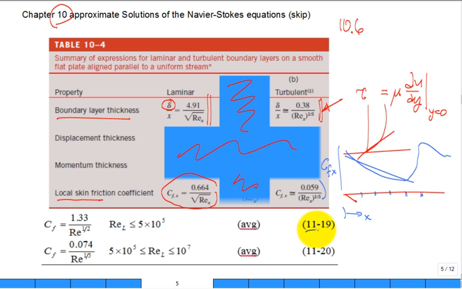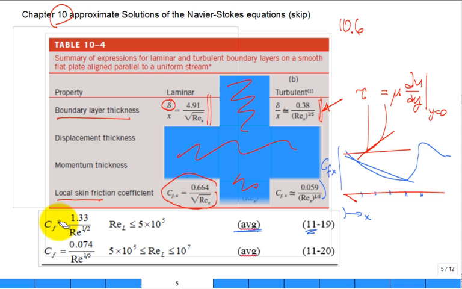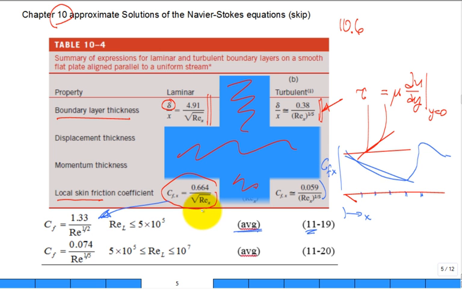Now, in chapter 11, for external flow, they revisit it and they give the average friction coefficient. All you did was integrate the local from 0 to L, or 0 to x, and divide by that distance. And you'll see the parallel between the two equations, over the square root of the Reynolds number. But this time it's measured at L, or wherever you're going to measure it.